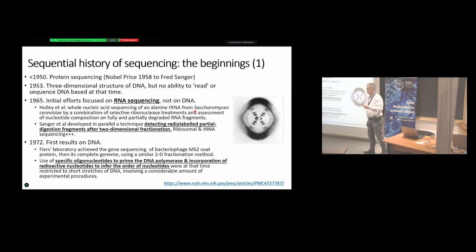At that time, what was done was a combination of ribonuclease treatments and assessment of nucleotide composition. By doing a series of digestions, people were able to consider the ratio of the different nucleotides and get the full sequence. So it was really not something easily done.